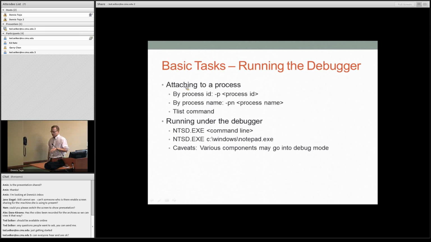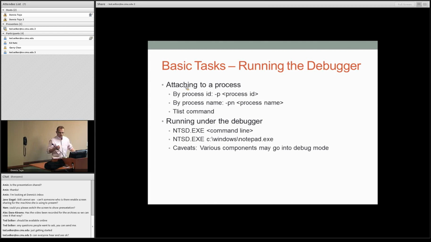If you're lazy like me and don't want to go find the process ID, you can use the process name, and then you use the -pn switch followed by the name of the process. Of course, if you have multiple instances of a process running, say you have 3 instances of Word, the debugger is just going to complain and say, you've got to revert back to the PID because I don't know which one of them you're actually interested in.